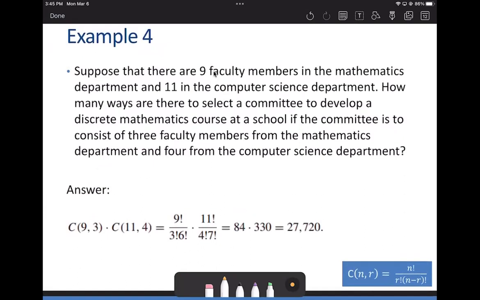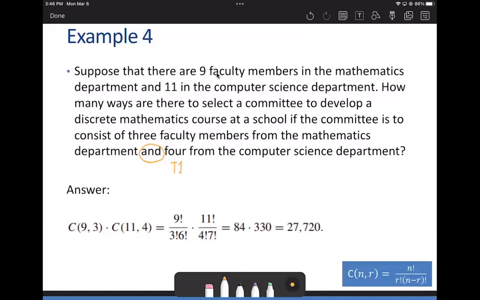And then another example. Suppose that there are 9 faculty members in the mathematics department and 11 in the computer science department. How many ways are there to select a committee to develop a discrete mathematics course at a school if the committee is to consist of 3 faculty members from the math department and 4 from the computer science department? So we have two tasks here. As you can see, we have the word and. We are going to develop a committee, but the committee will be composed of people from different departments.